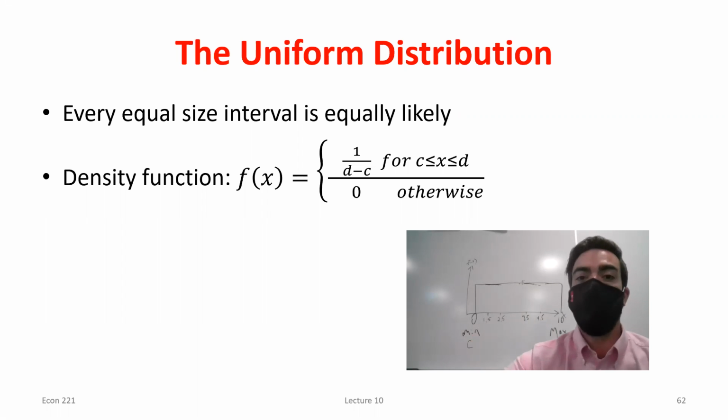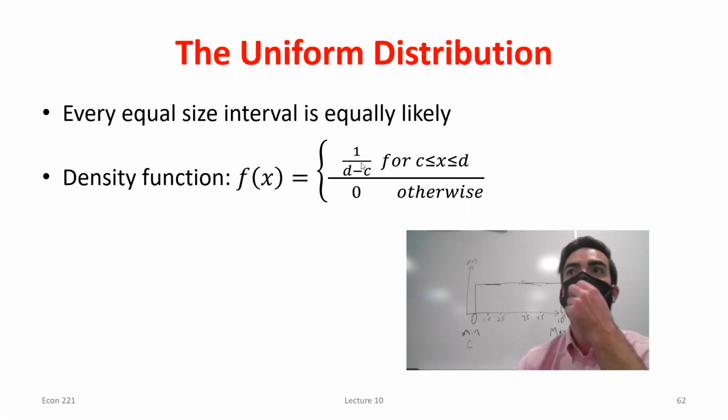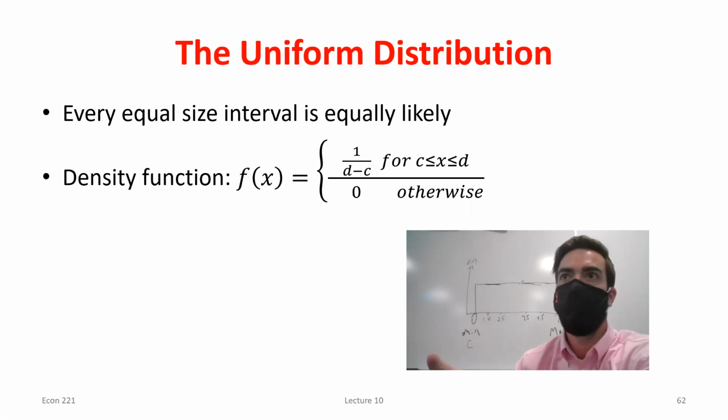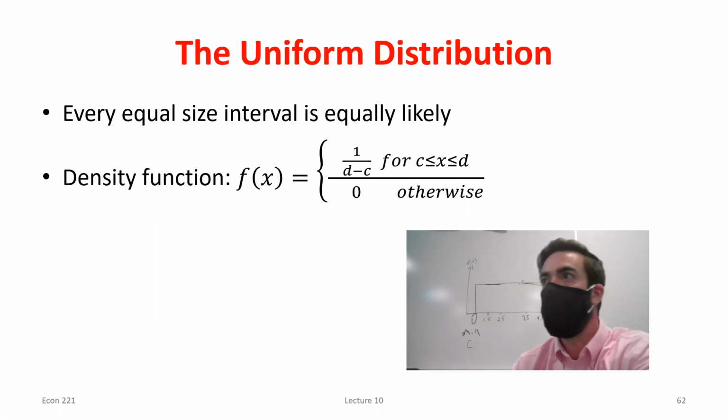So for this density function, if I have 10 possible outcomes and they're all equally as likely, what's the probability any one outcome occurs? 10 possible outcomes, all equally as likely, if I was dealing with a discrete random variable. It's 1 over 10, right?